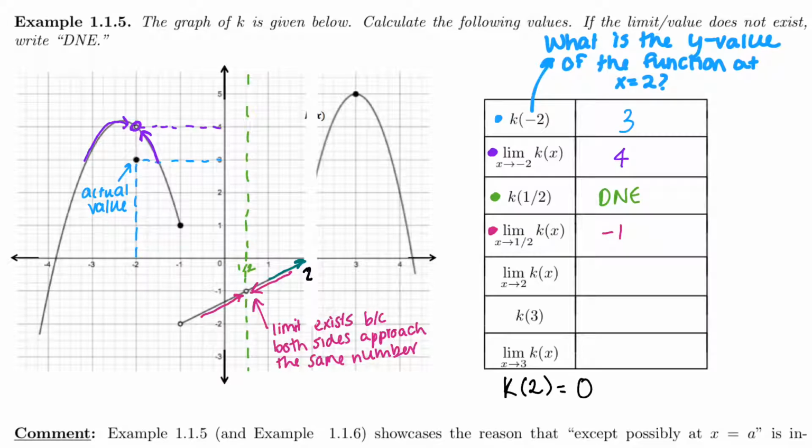If I come from the left it looks like that y value should be 0. But then I come from the right and I'm like, I don't know, maybe 2. It looks like the point should be right there. If I widened it out, from the right, it looks like the y value should be here at 2. And from the other direction, it looks like it should be here at 0. So those numbers don't align, right?